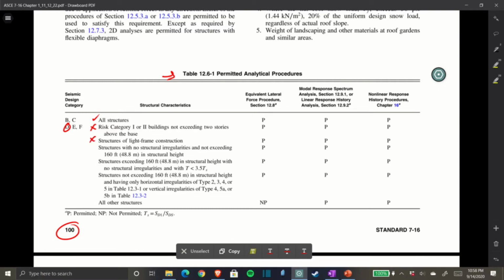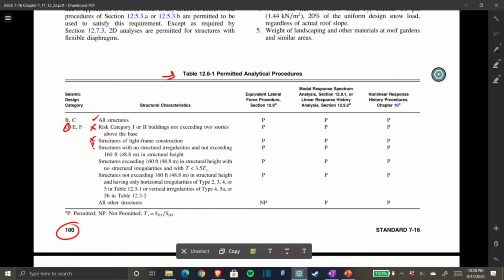Structures with no structural irregularities and not exceeding 160 feet in structural height. Well, we don't exceed 160 feet, but we're not sure if we have any irregularities, so that's a question mark. Structures exceeding 160 feet in structural height with no structural irregularities and with T less than or equal to 3.5 T sub S.